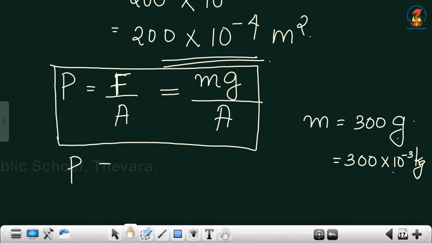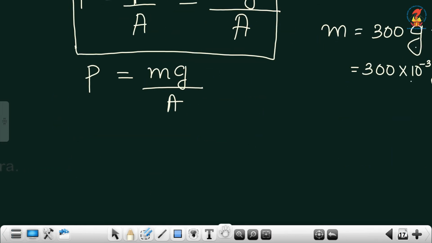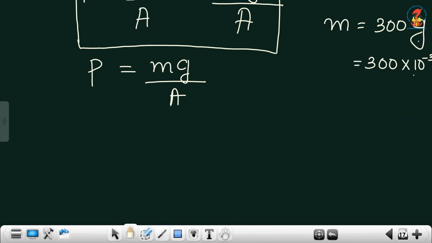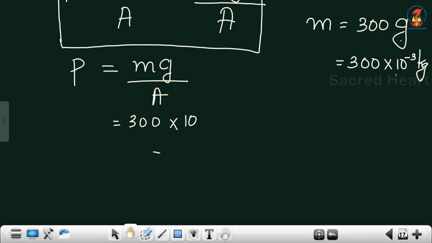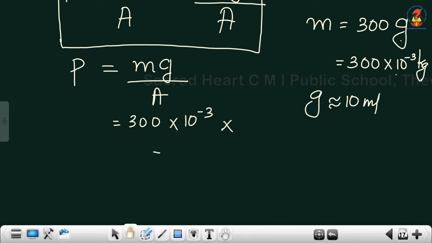So, pressure is equal to mg by A, that is, mass is 300 into 10 raised to minus 3 kilogram into, let us take g as approximately 10 meter per second square.